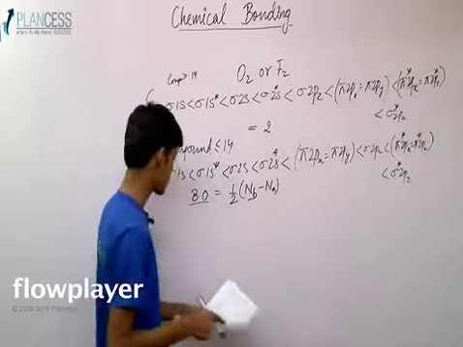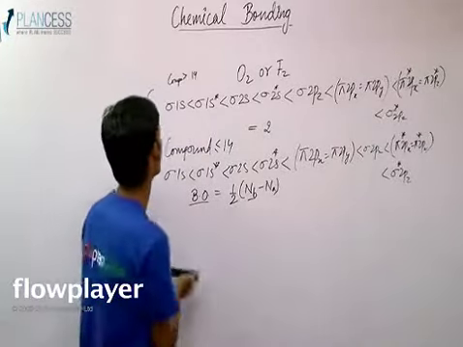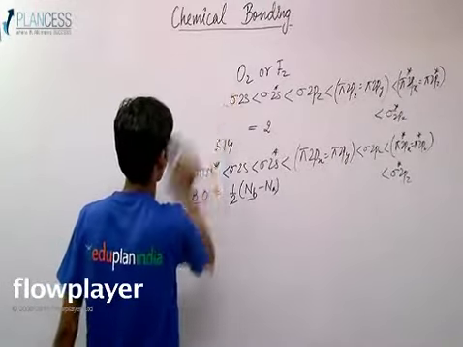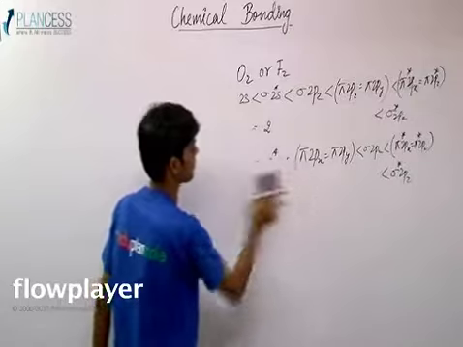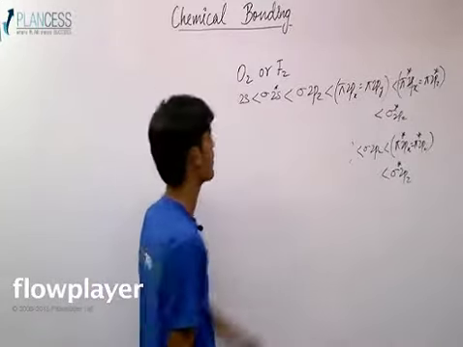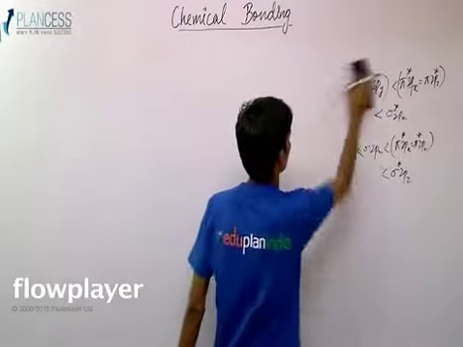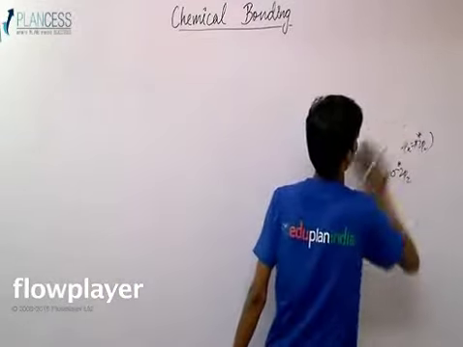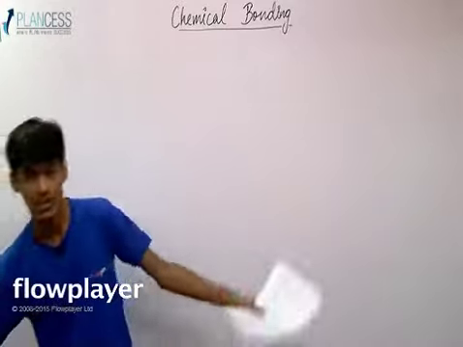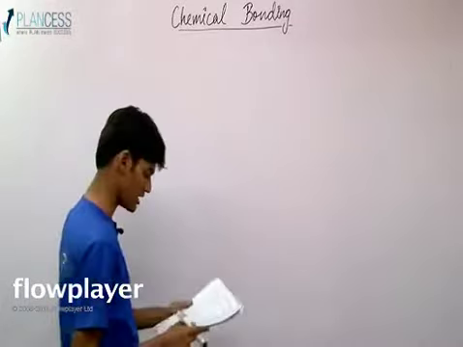Let us write some electronic configurations according to MOT, keeping in mind the energy levels. Compounds having molecular mass greater than 14 have sigma 2pz before pi 2px and pi 2py, while it is the opposite in compounds having molecular mass less than 14.